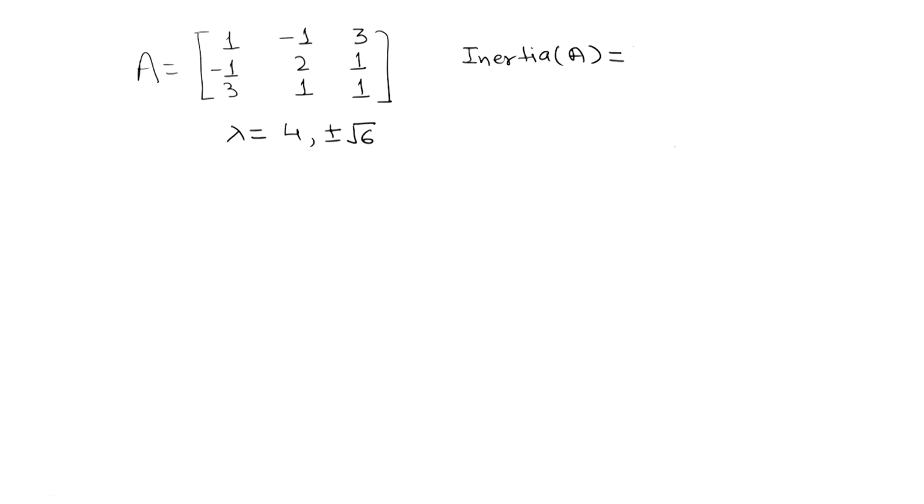So, here I have two positive eigenvalues, 4 and square root 6. So, rho is 2, the number of negative eigenvalues is 1 and the number of zero eigenvalues is 0. This triplet is the inertia of matrix A.